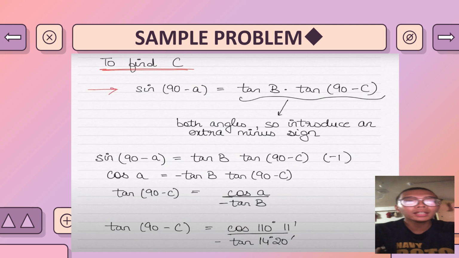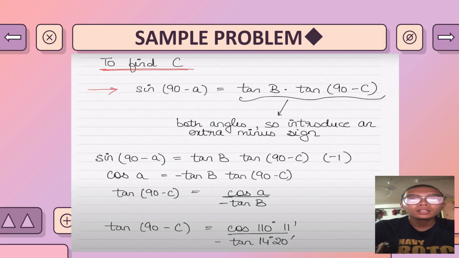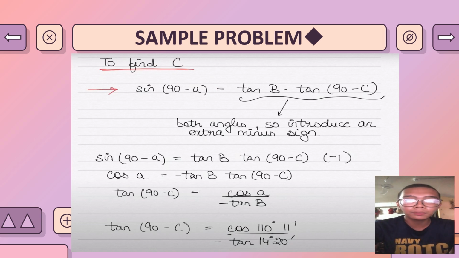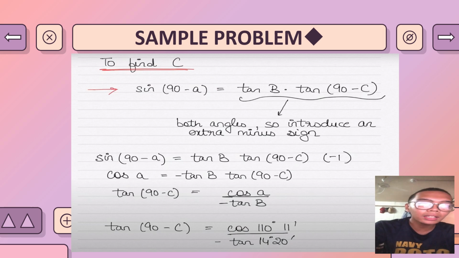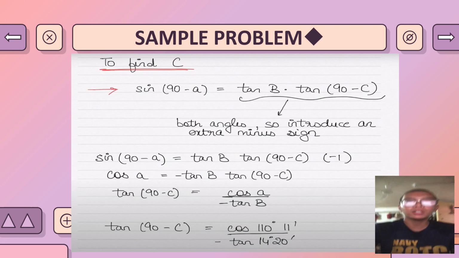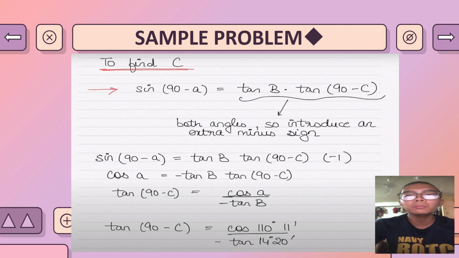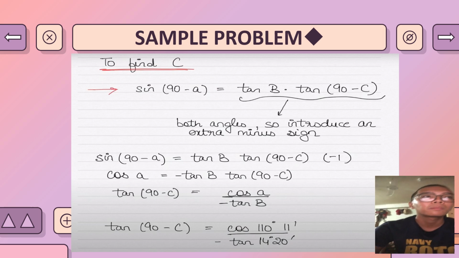Next, cosine A is equal to negative tan B times tan of (90 minus angle C). So tan of (90 minus C) is equal to cosine A divided by negative tan B. That is cosine of 110 degrees 11 minutes, which is our angle A, divided by negative tan of 14 degrees 20 minutes, which is our angle B.